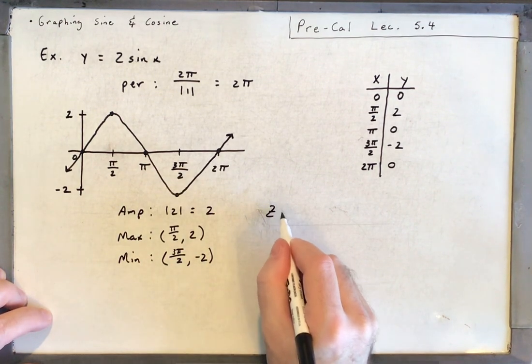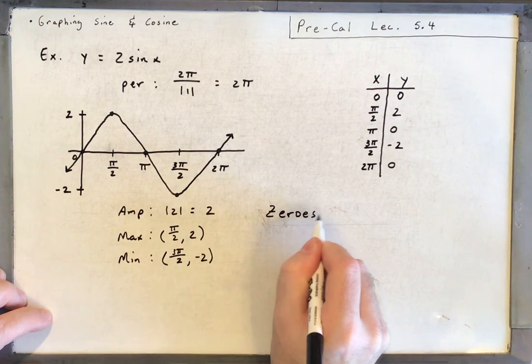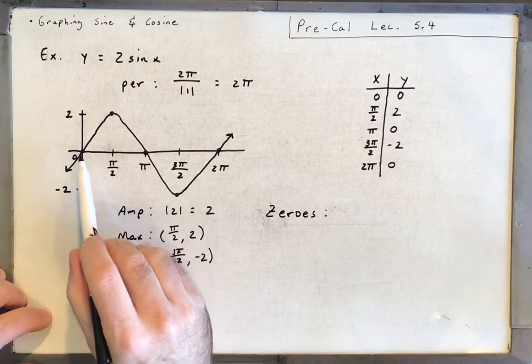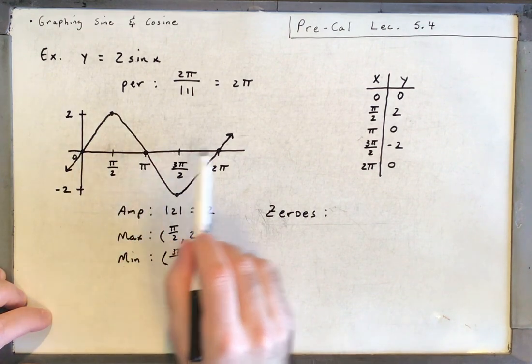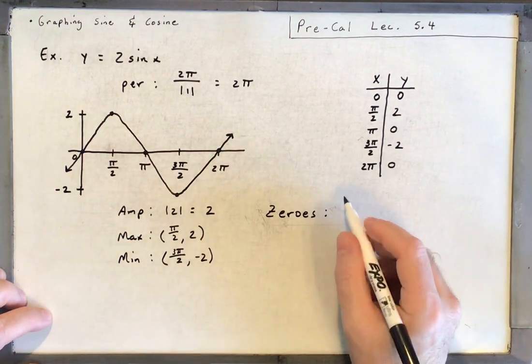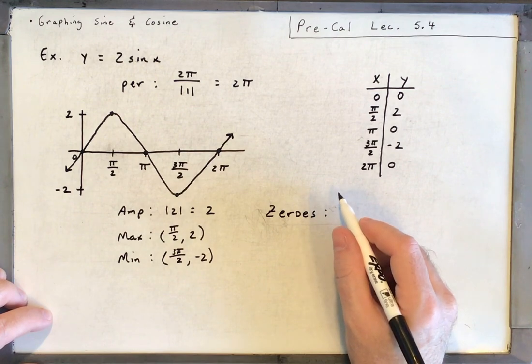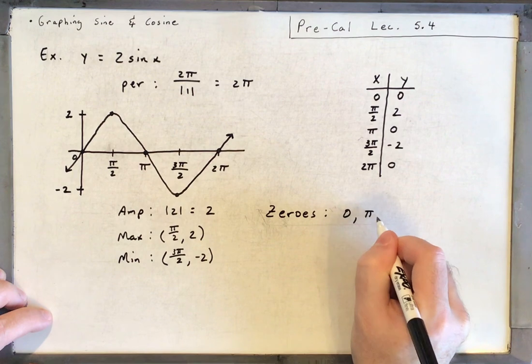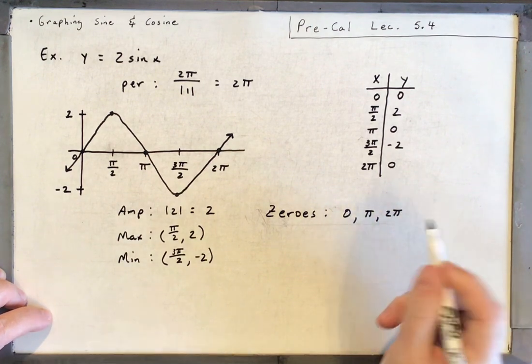And then we have zeros at 0, pi, and 2 pi. So our zeros, we can write that down as 0, pi, 2 pi. Now there's another way to write this.